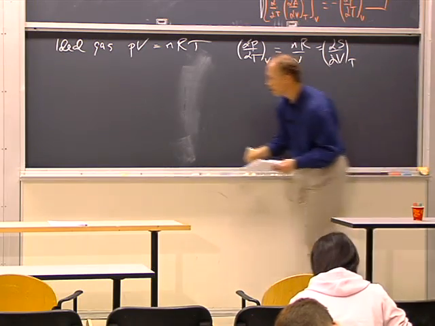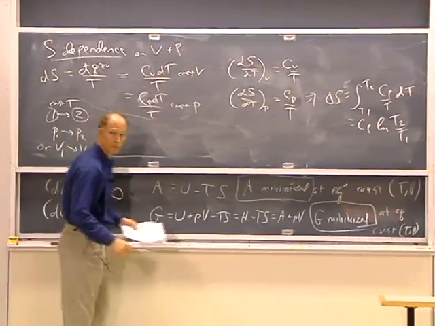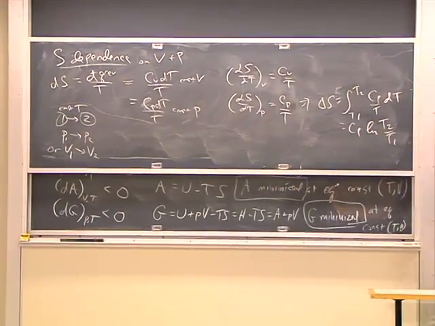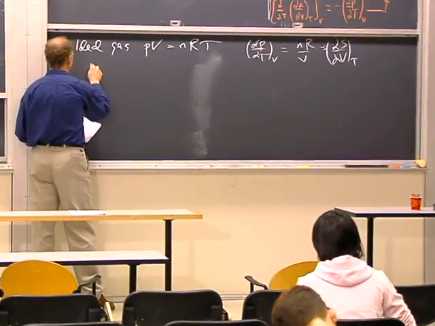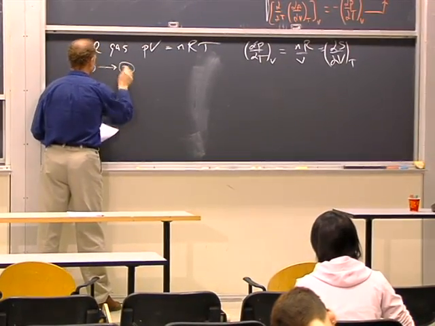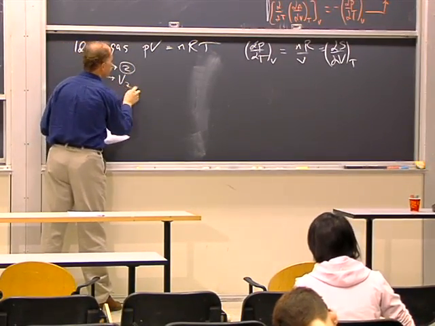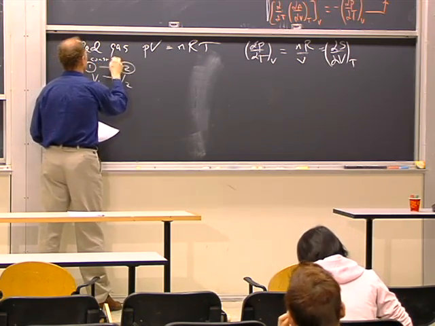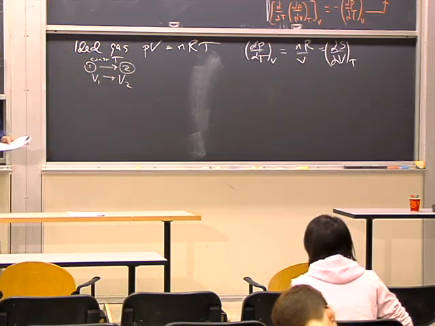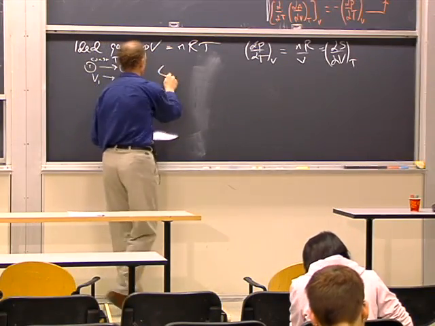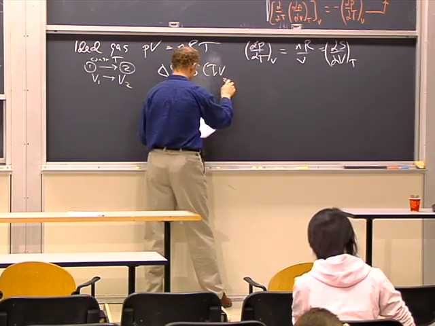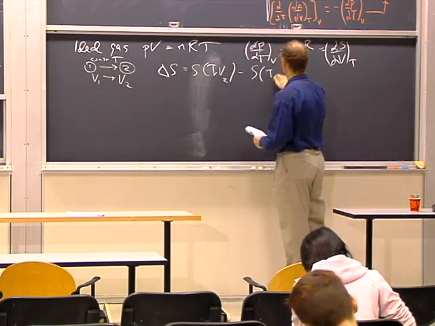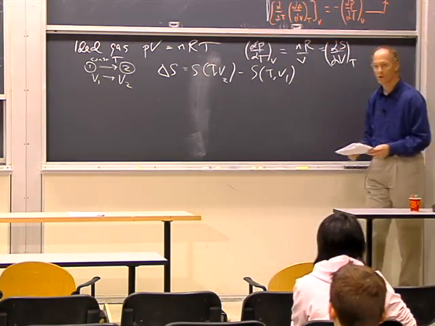Right? So now let's try looking at something where, you know, V1 goes to V2. The volume is going to change, right? And we can see how the entropy changes. So if 1 goes to 2 and V1 goes to V2, and it's constant temperature, right? Just what we've specified there. Delta S is S of T in V2 minus S at T in V1, right?